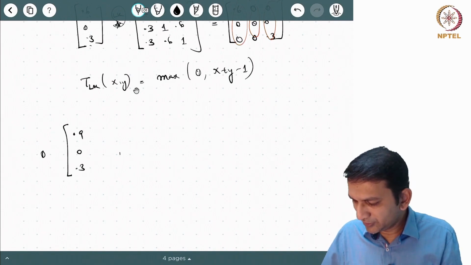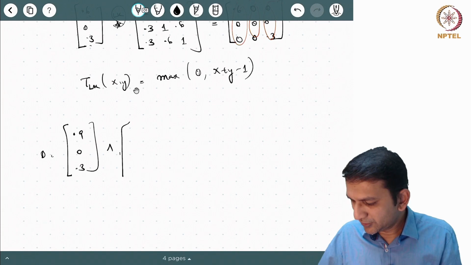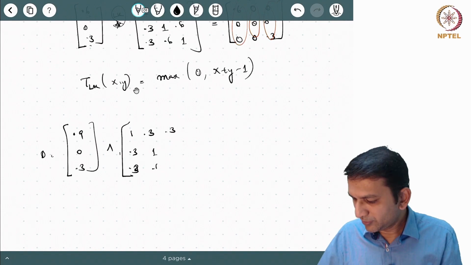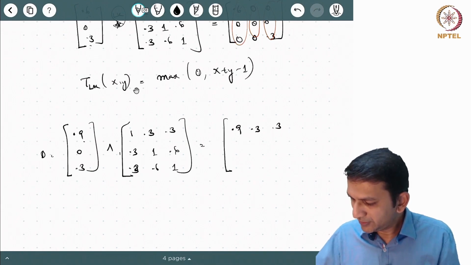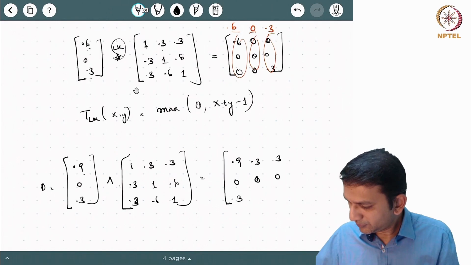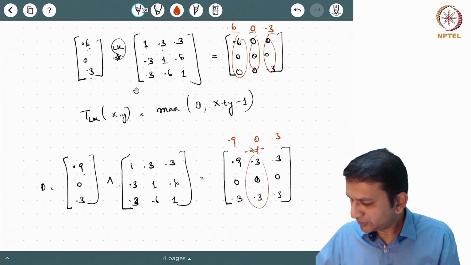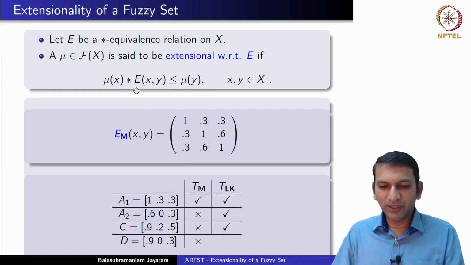What we want to do is take the min operation, so it is 0.9, 0.3, 0.3, 0, 0, 0, 0.3, 0.3, 0.3. So now, if we write out the corresponding A2, we see that this is not less than this. So this is not extensional with respect to TM.